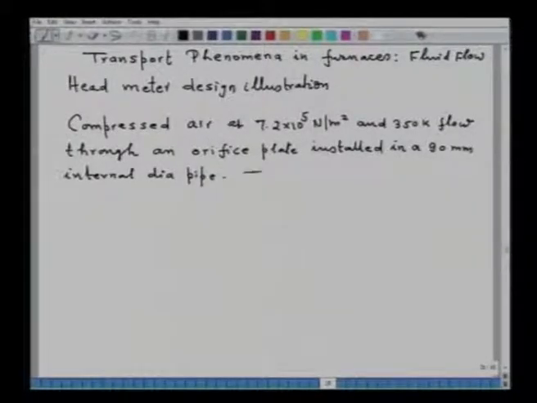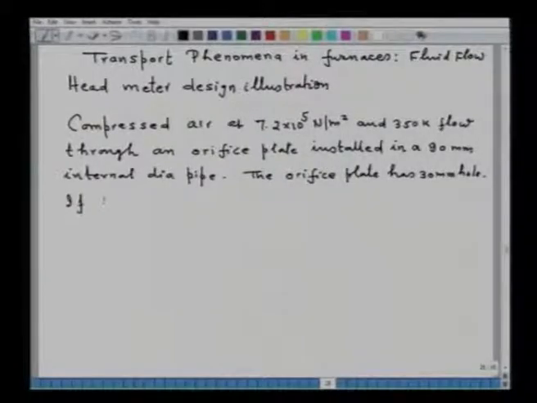The orifice plate has a 30 millimeter hole.